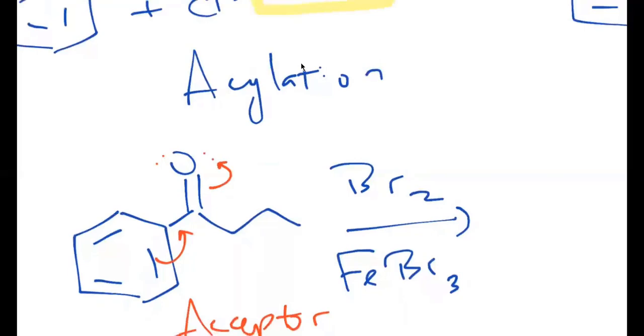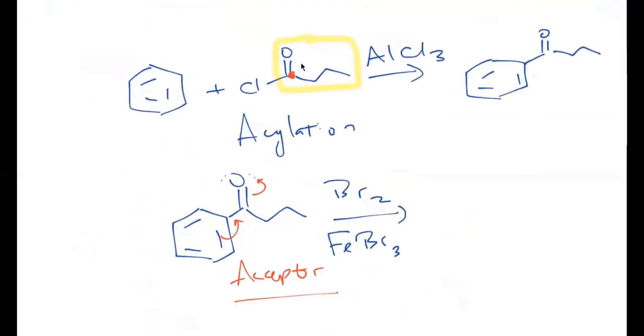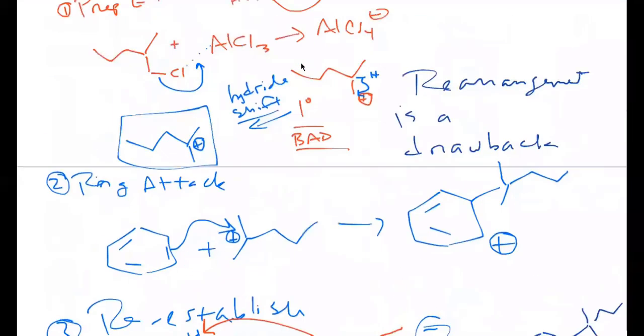All right. So if it's an acceptor, what kind of directing effects is it going to have on the incoming bromine? Is it going to be an ortho director, a meta director, or a para director? All right, let's go back up to the top.